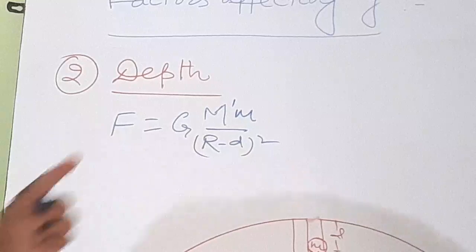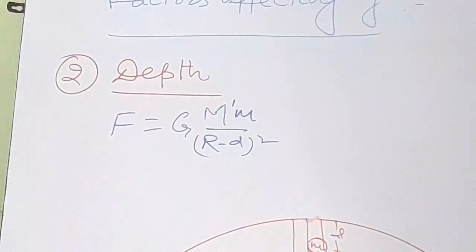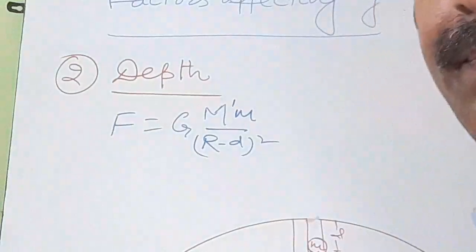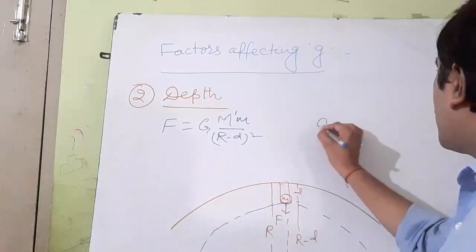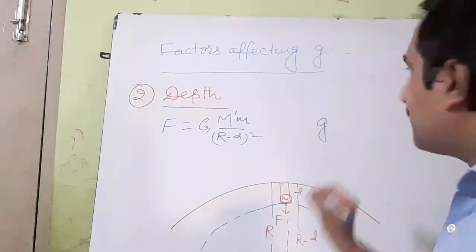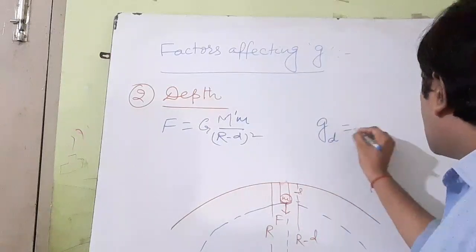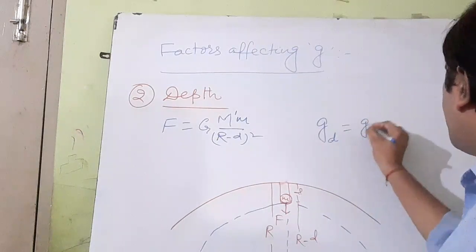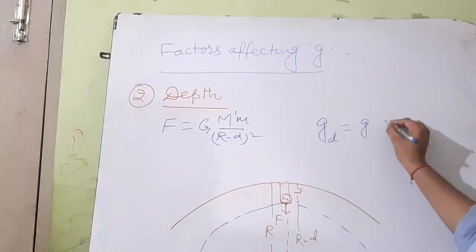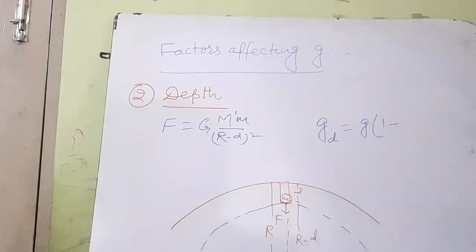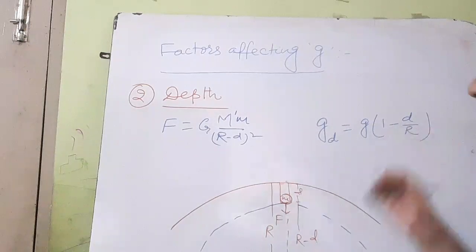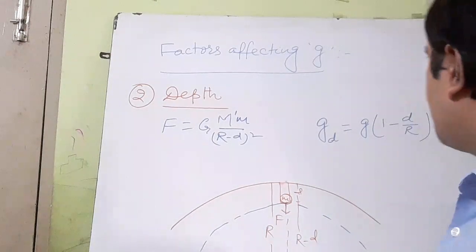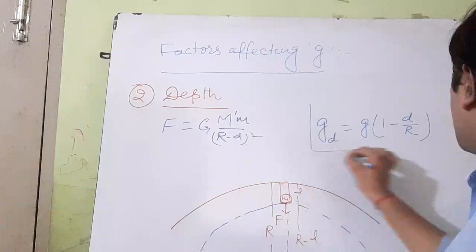And if you find the expression for this m dash and solve it, then you will get the formula for acceleration due to gravity at depth d, that is gd is equal to g into 1 minus d by r. Okay, so this will be the formula.